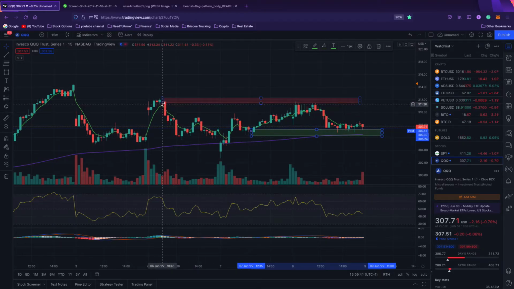So as you can see, this is the supply zone, an area of value, an area where, you know, most people would sell at. And then this is the demand zone, and this is an area where most people would buy at. And these are pretty much areas or prices of the stock that people find attractive, right?